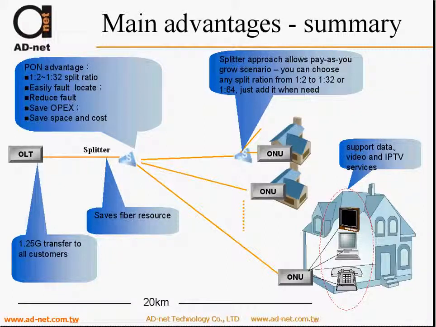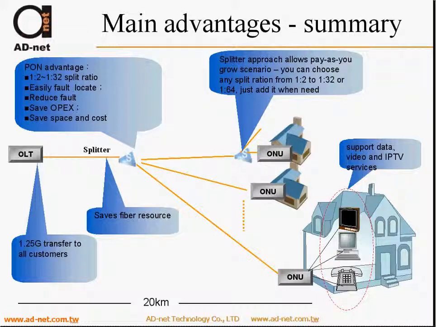You can install one splitter per area, and all you need is to come and connect the house when a new subscriber appears. In the concept of media converters, as you know, you need to come and install a media converter in the customer's house, and then you need the same media converter at the opposite side, at your point of presence.